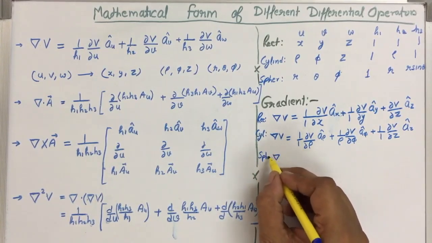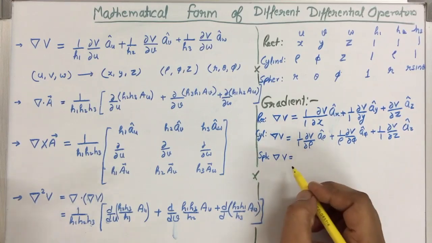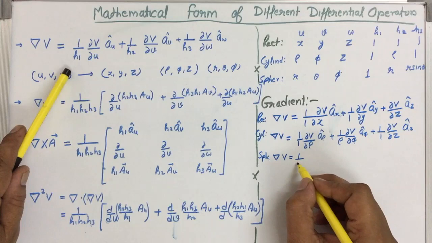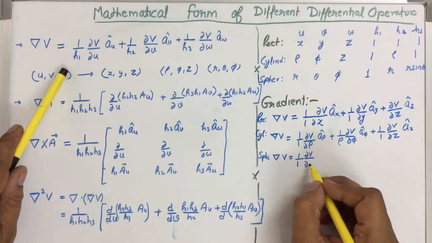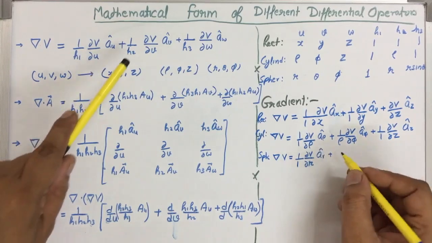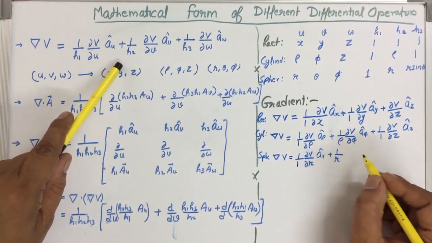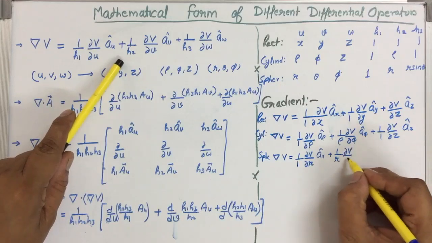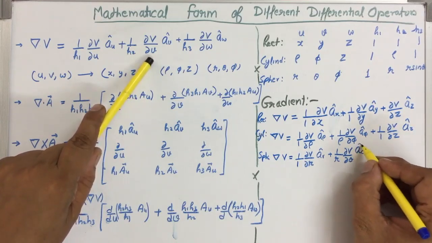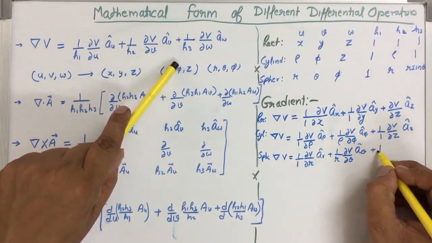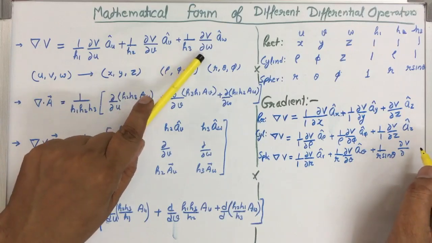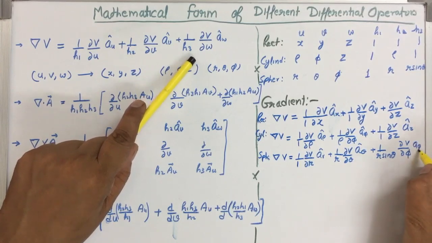In a spherical coordinate system, the gradient of v can be written as, on the basis of this formula, 1 by h1, del v over del r, as u is r in the case of the spherical coordinate system, a r, plus 1 by h2, h2 is r, del v over del theta in the direction of a theta, plus h3 is r sine theta, del v over del phi in the direction of a phi.